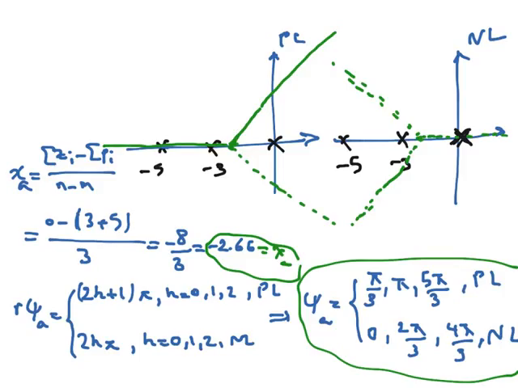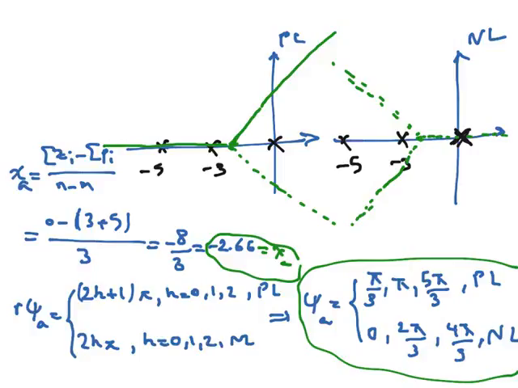So considering the real axis, again for positive locus, we should take into account the parts of the real axis for which we have an odd number of zeros and poles on the right hand side.